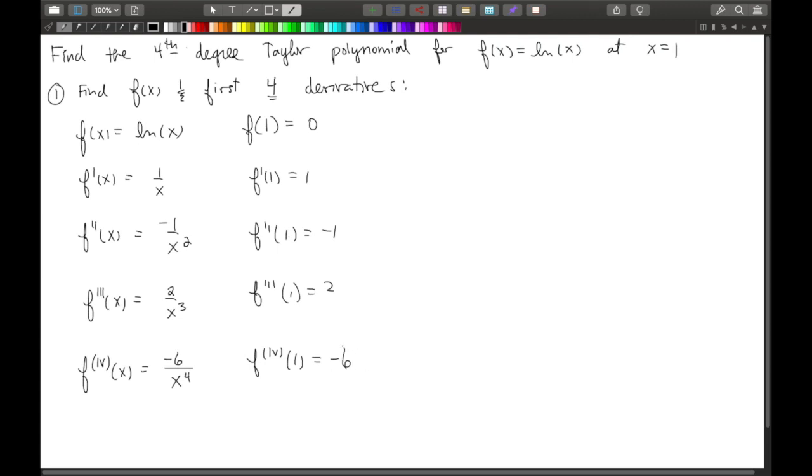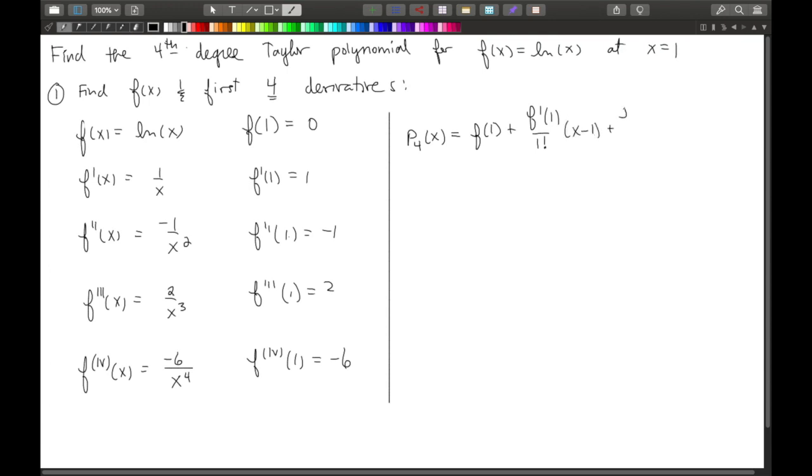What do we do with those derivatives? Well, we can write P4 of x, that's the fourth degree polynomial at x. By Taylor's theorem, it's going to be f of 1 plus f prime at 1 over 1 factorial, just to give you the pattern, times x minus 1.